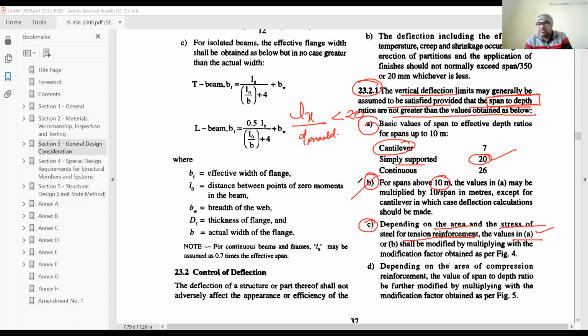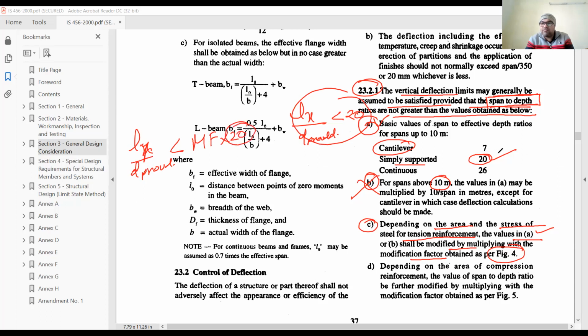So this is not our case, and we will consider only A. So values in A shall be modified by multiplying with the modification factor, which is obtained in figure 4. Now I will show you figure 4. So I'm writing here, Lx by D provided should be less than modification factor multiplied by 20.